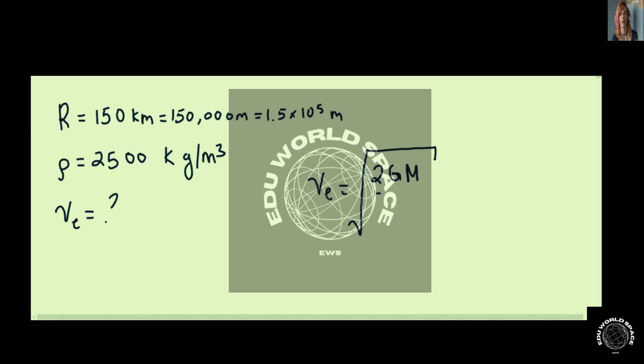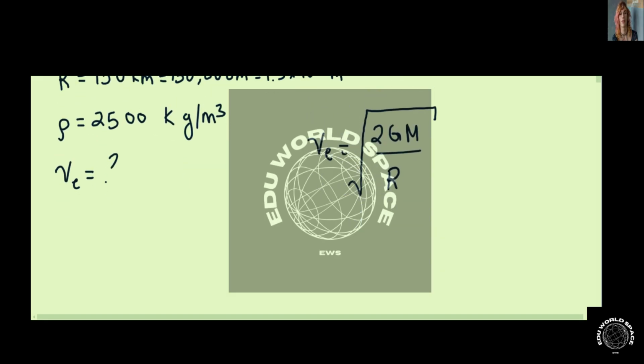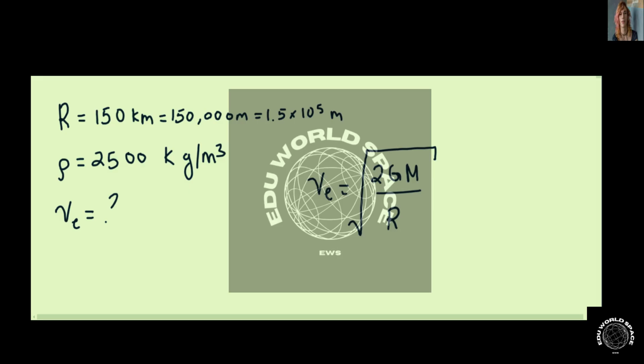And this is basically just derived using the idea that if the object is going to just nearly escape the main object, then at infinity, it's going to have a potential energy of 0, and all of its kinetic energy will have been used up, so the kinetic energy will also be 0. So this is basically just derived assuming a total energy for the object of 0, and then solving for the speed.